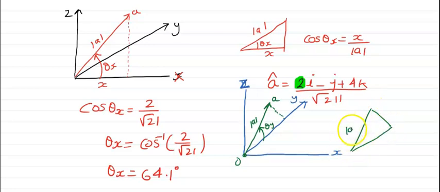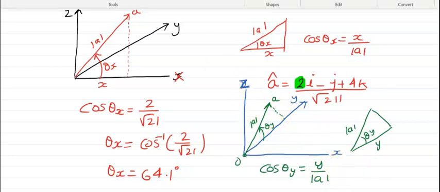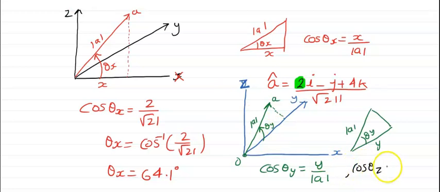This is modulus A, this is theta y, this is the y component. Then cos theta y equals y over modulus A. Similarly, for the angle made with the z-axis, cos theta z is z over modulus of A.